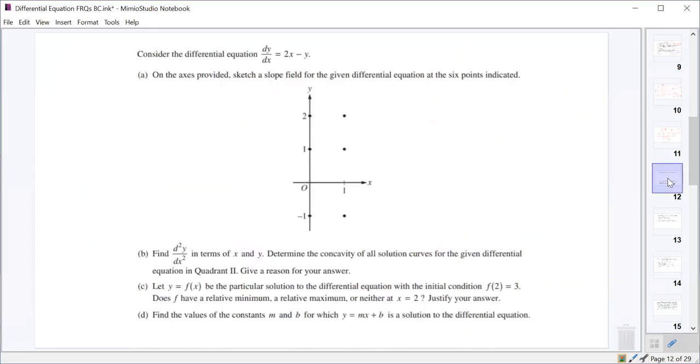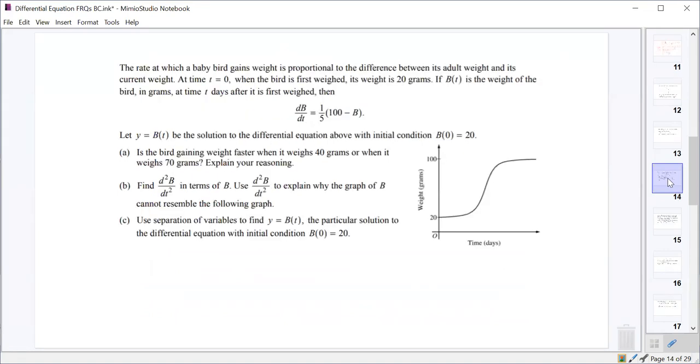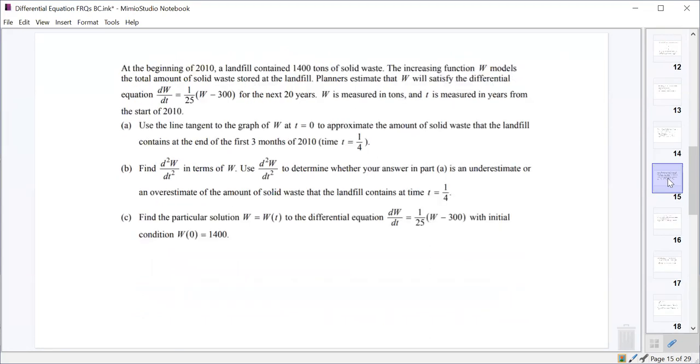All right, I don't think we have time to do this one right now. So hopefully you've done this one and this one already. And for tomorrow, I guess let's do the baby bird problem. That's a good one. The baby bird and the trash, those are the same basically.